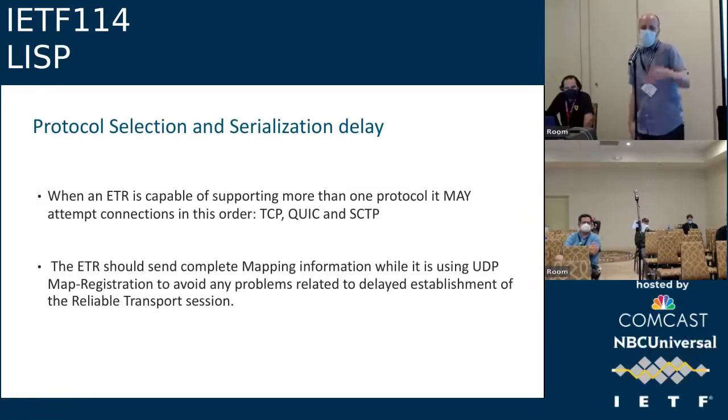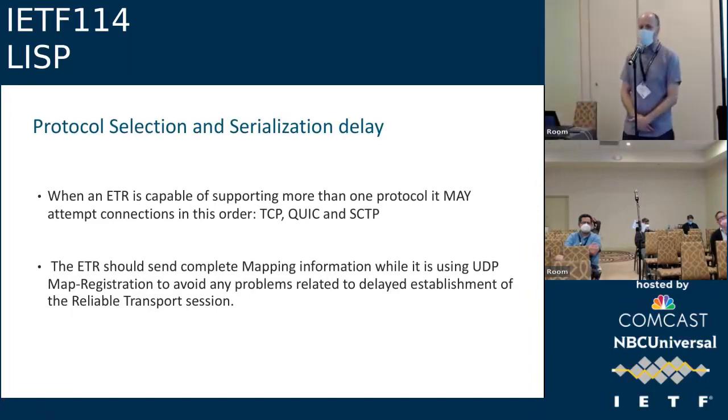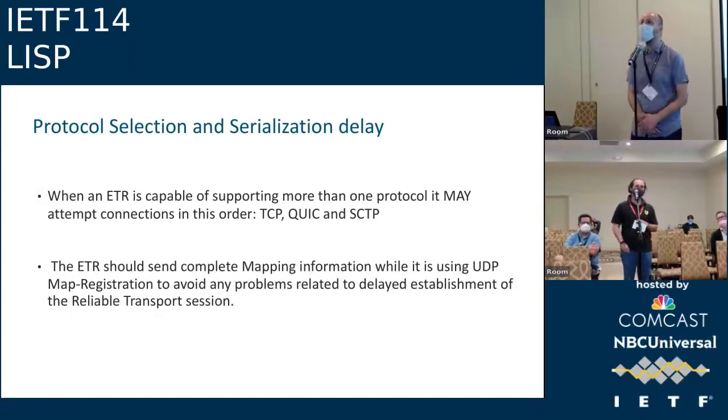If the ETR can support the three protocols, this would be the suggested order. We also introduced a note saying that since we don't want the mapping information to be delayed while we try to establish the reliable transport, the ETR should always make sure that it's sending complete mapping information with UDP while waiting for the reliable transport to be established. Okay.